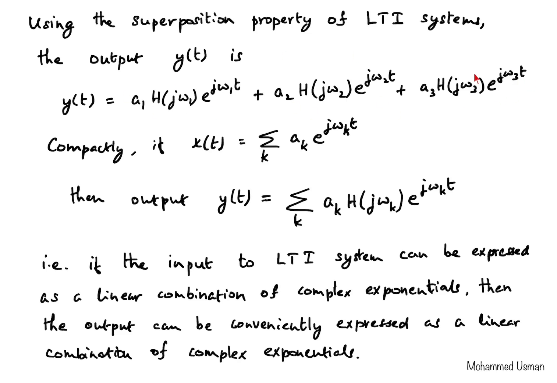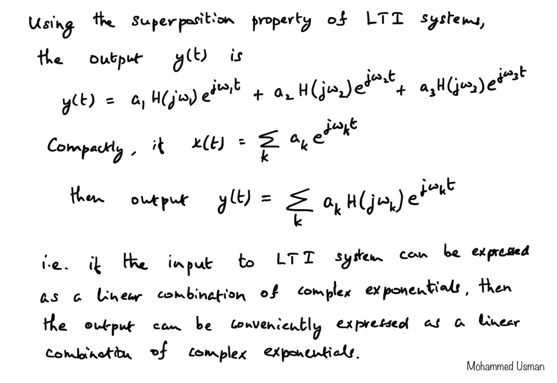So we can represent this summation compactly as x of t equals the sum of a k e power j omega k t, for all values of k. In our case, we had a1 e power j omega 1t plus a2 e power j omega 2t plus a3 e power j omega 3t.